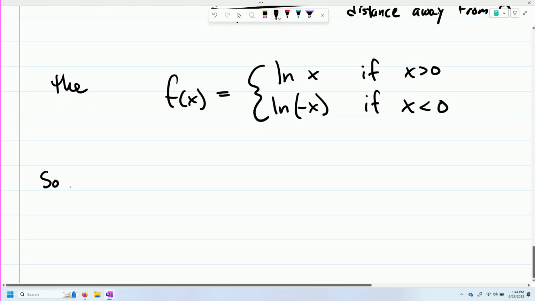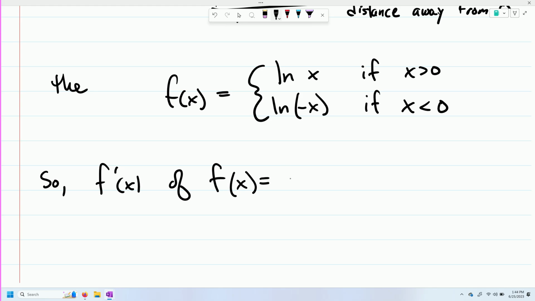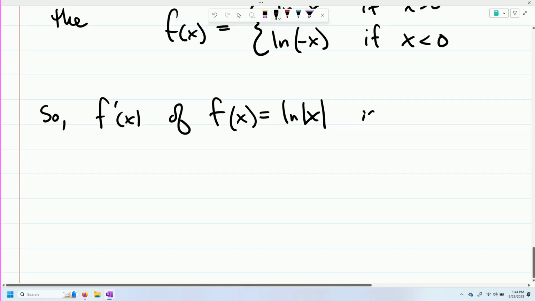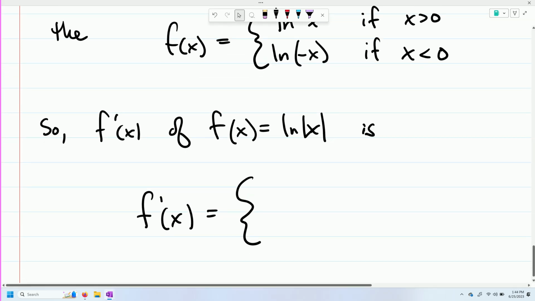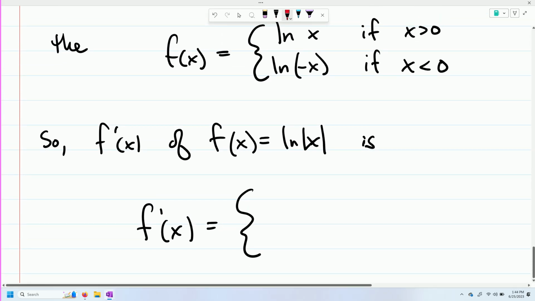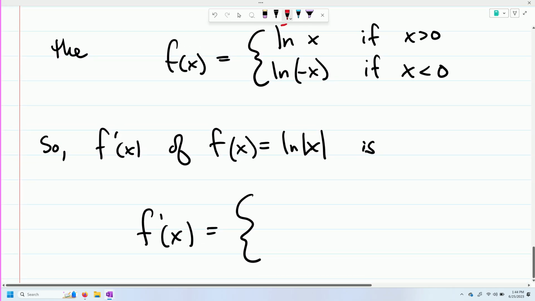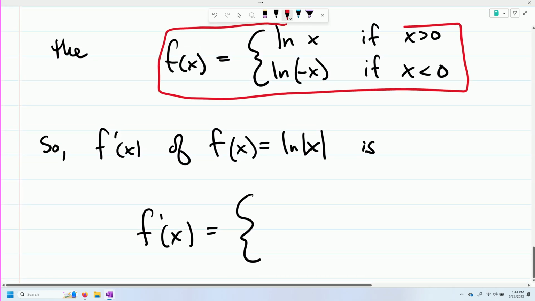So the derivative of f of x, which equals the natural log of the absolute value of x, is f prime of x equals the derivative of each one of these pieces of this piecewise defined function right here. So put a little red box around it.